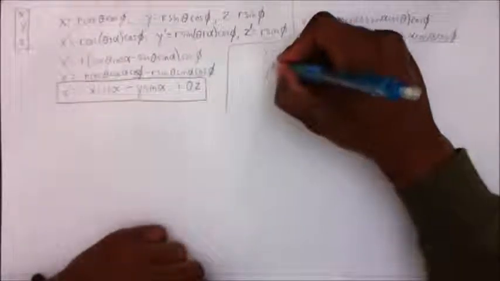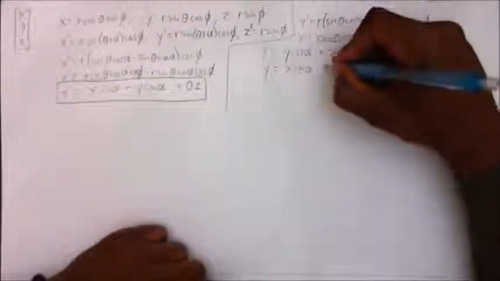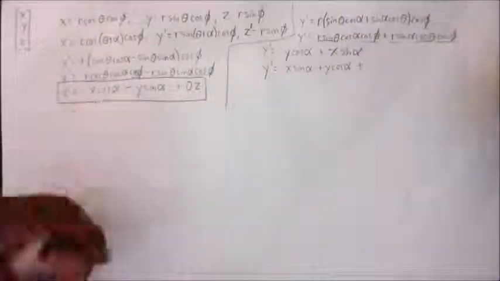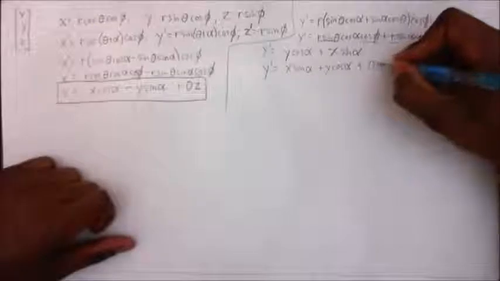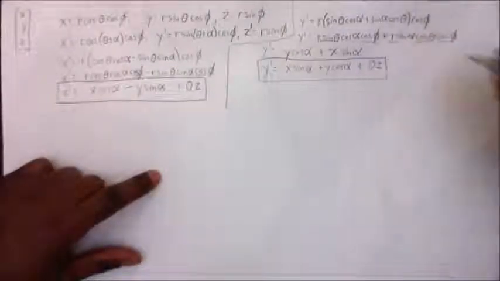Now I'll just rewrite it and say y prime is equal to x sine alpha plus y cosine alpha plus, I need to put in the z component, 0 times z. So now we've got the new y.